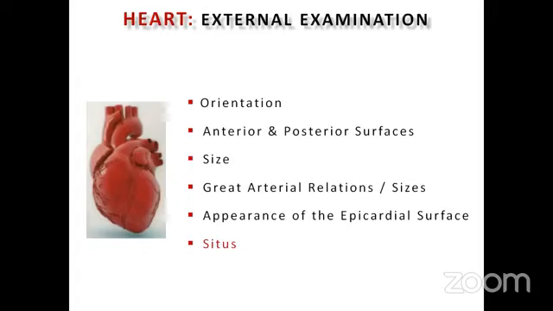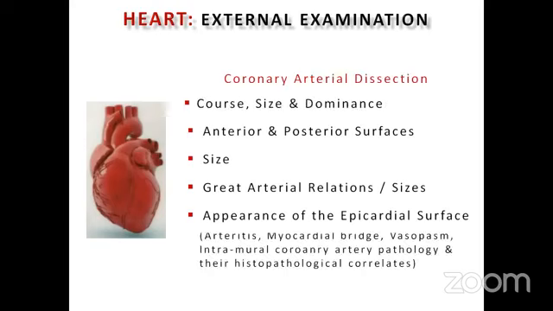We also observed the great arterial relations and their sizes. And finally, we correlated the thoracic situs with the abdominal situs, so that finally we gave the situs as either situs solitus or situs inversus, and rarely it can be situs ambiguous.